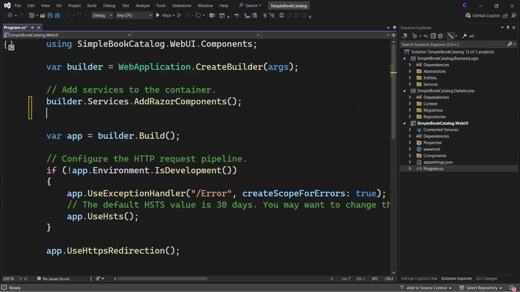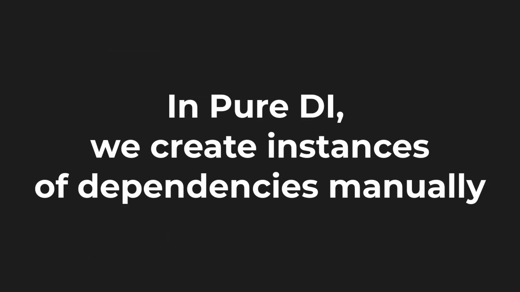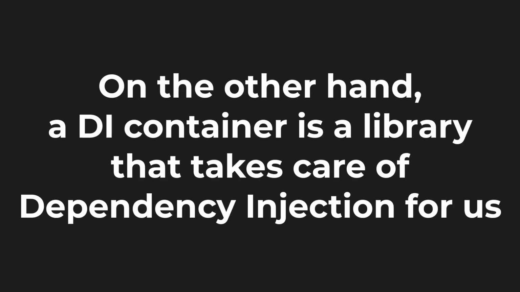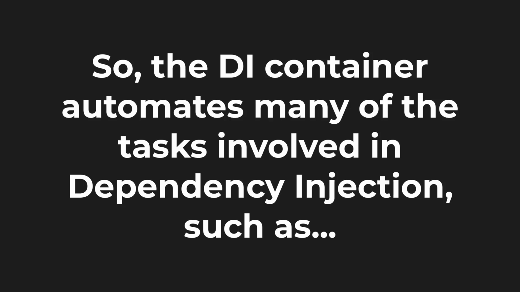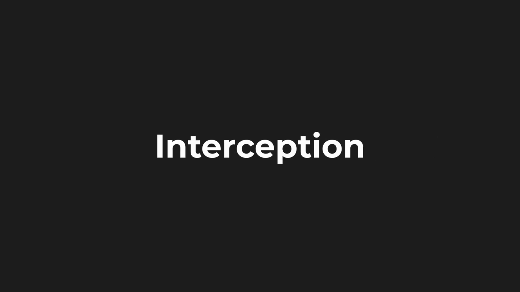A composition root can be implemented either using pure dependency injection or using a dependency injection container. In pure DI, we create instances of dependencies manually. On the other hand, a DI container is a library that takes care of dependency injection for us. So it automates many of the tasks involved in dependency injection, such as object composition, lifetime management, and interception.